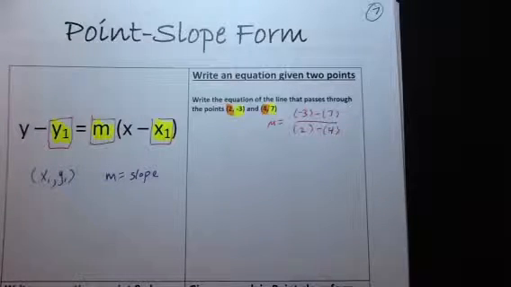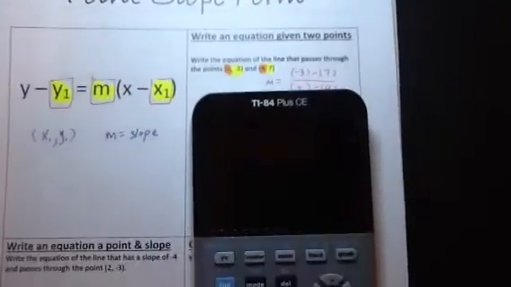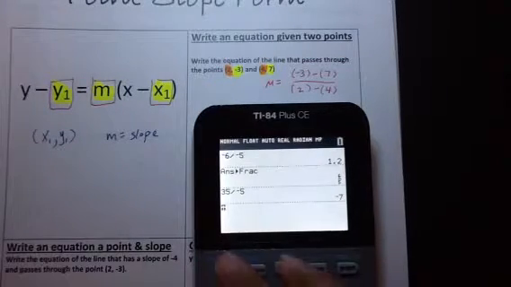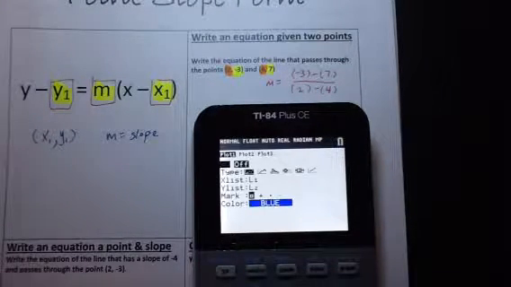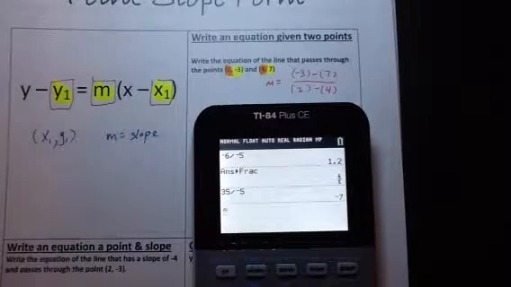So when you use your calculator, and this is a different version than you have, but it does the same thing. So alpha y equals enter. Sorry. So we're going to type this in just the way we see it.